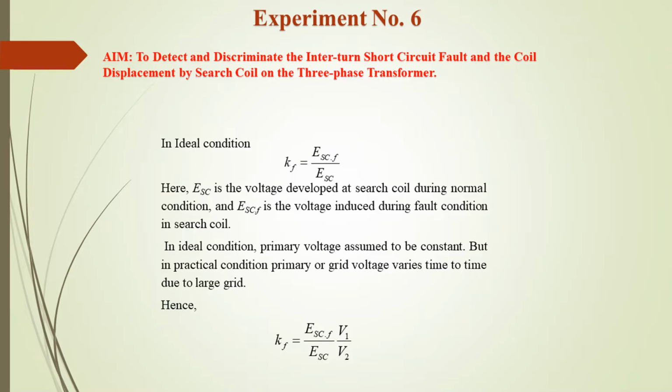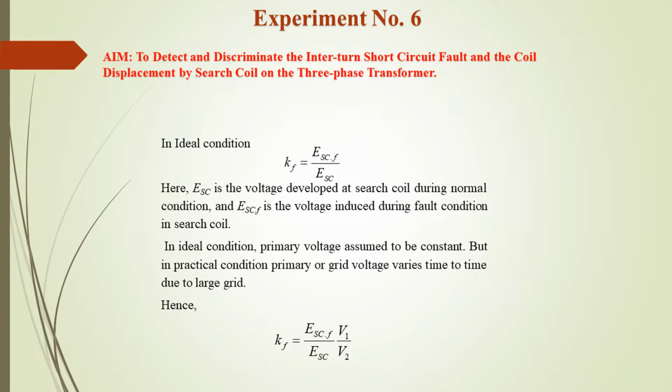Hence, Kf is the induced EMF at the search coil during the fault condition upon the induced EMF during the healthy condition, multiplied by the input V1 by V2, where V1 is the input voltage during the healthy condition and V2 is the input voltage during the fault condition.